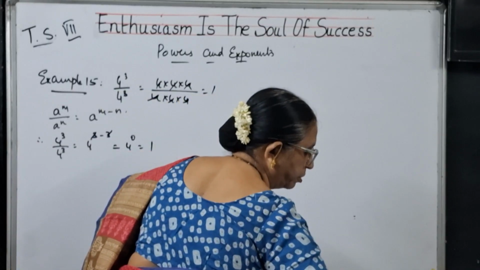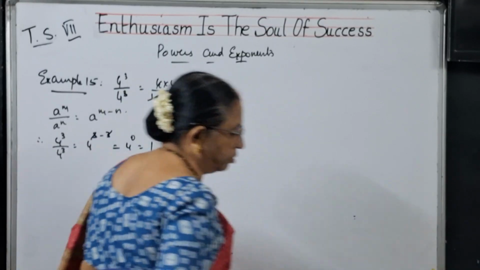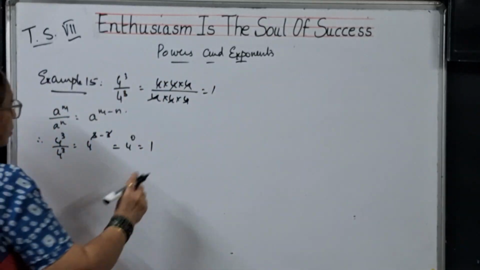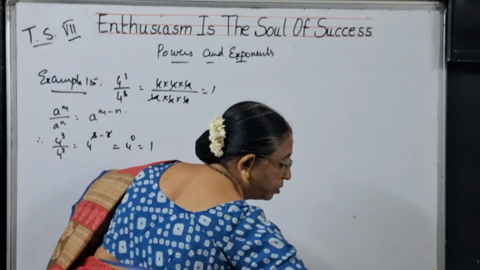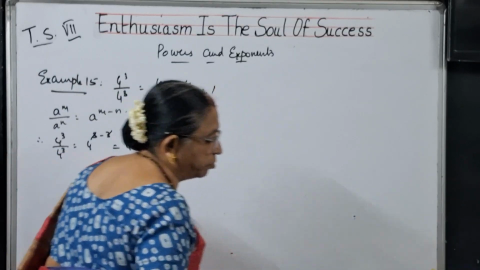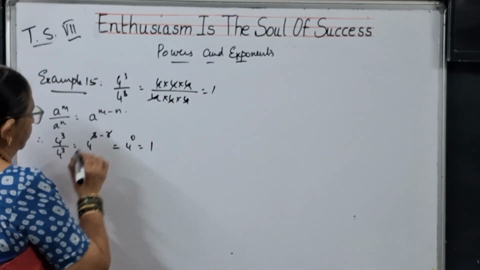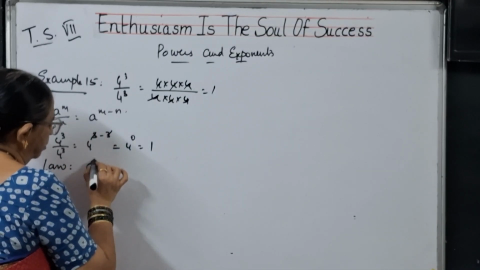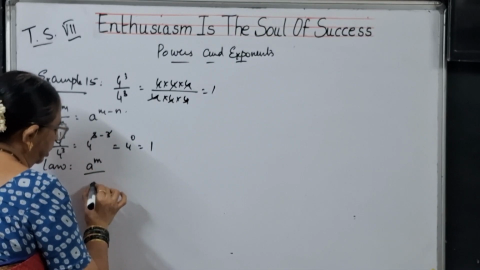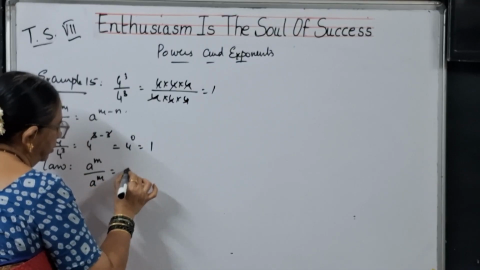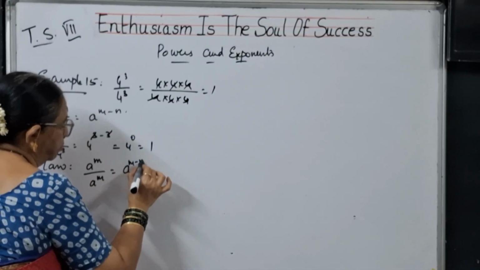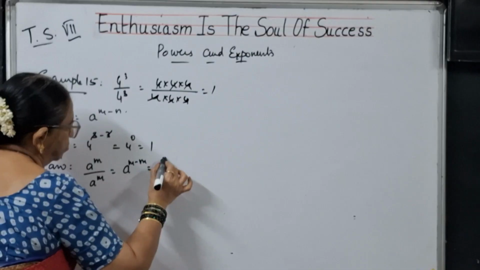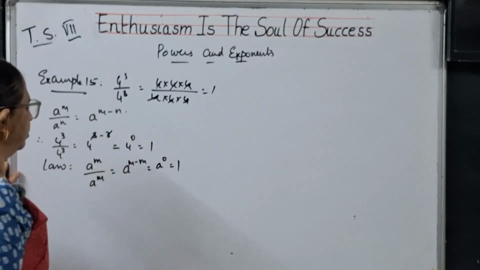So when the bases are same and the exponents are same, you can use this property. And one more example I think we have got. This one only. Basing on this, what is the law you are saying? a to the power of m by a to the power of m is equal to a to the power of m minus m, that is a to the power of 0, that is 1.